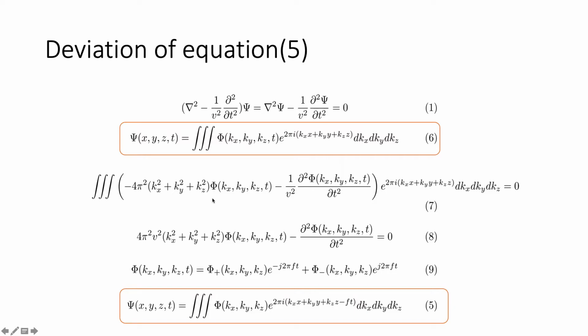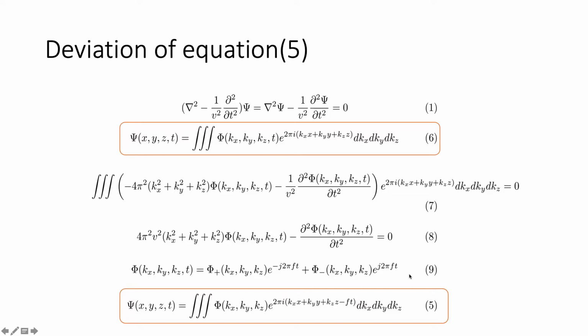In other words, for expression 7 to be true, we require equation 8 to be true. However, equation 8 is a linear second-order ordinary differential equation, and its solution has the form of equation 9.